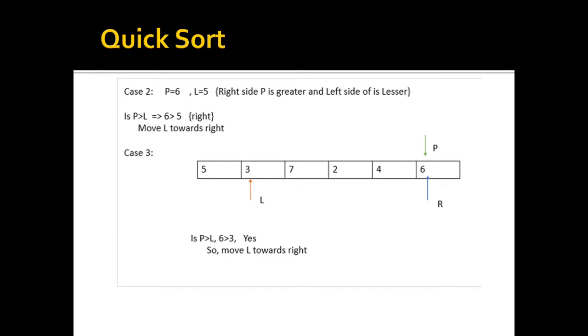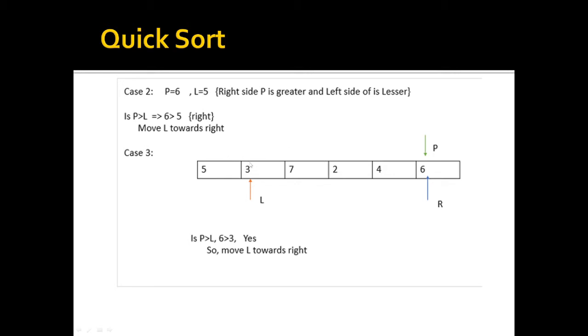And then now we compare our pivot 6 with our left value. Of course, it is okay because that's our initial left value. P should be greater than L. Again, to the left of P should always be lesser than P, so P should always be greater than what is on our left.